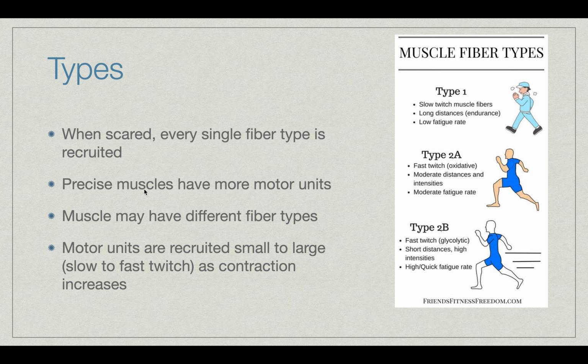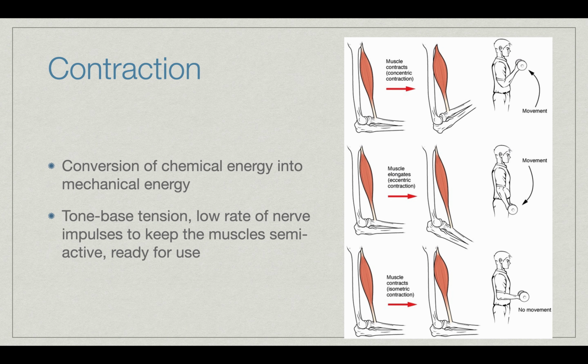So the more precise muscles will have more motor units and more innervation, and the motor units are all recruited from small to large, so it's all from slow to fast twitch as contraction increases. Okay, so contraction is just the conversion of chemical energy into mechanical energy.